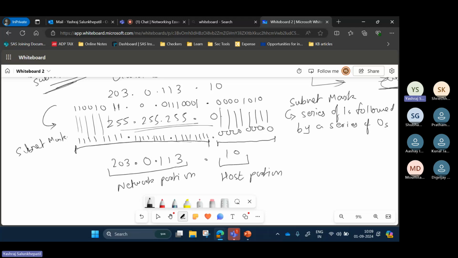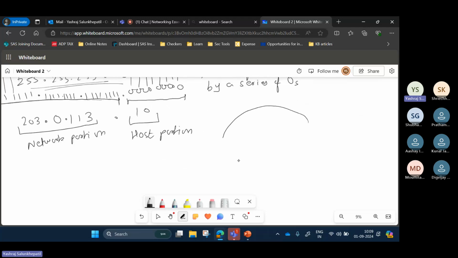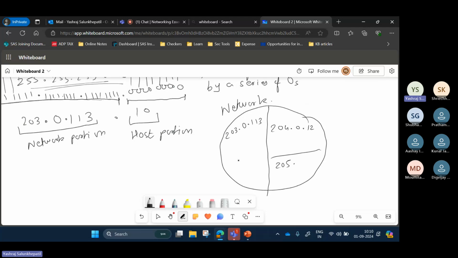इसका मतलब ये हुआ कि ये पूरा नेटवर्क है, ठीक है। इस नेटवर्क में एक जगह है जिसका एड्रेस 203.0.113 है, यहाँ का एड्रेस 204.0.12 है, यहाँ का एड्रेस 205.3.something है, ठीक है। तो ऐसे ये वाले एड्रेस में 10th डिवाइस, एक डिवाइस, 2, 3, 4, 5, 6, 7, 8, 9 and 10.